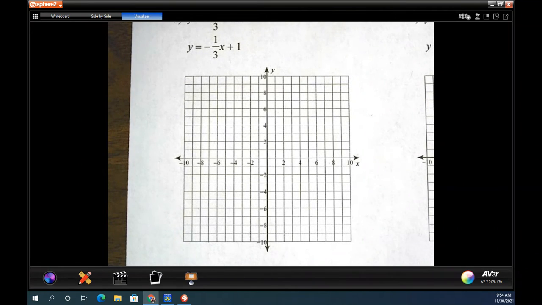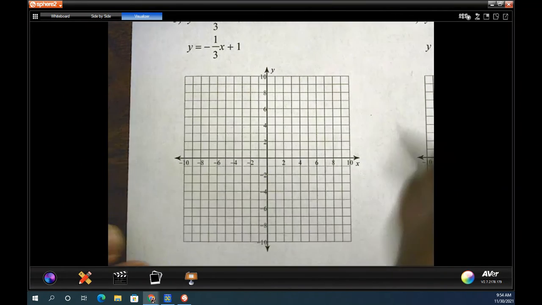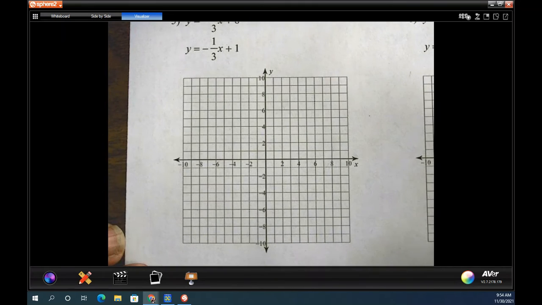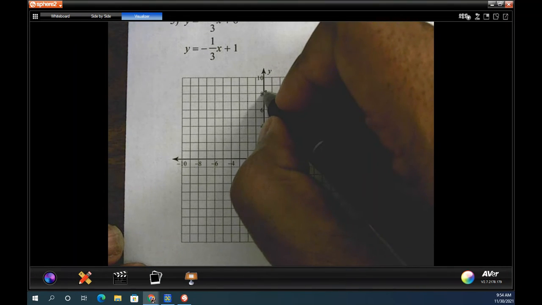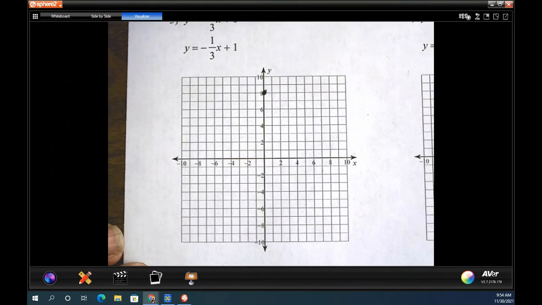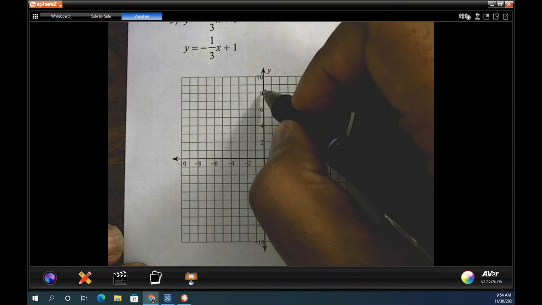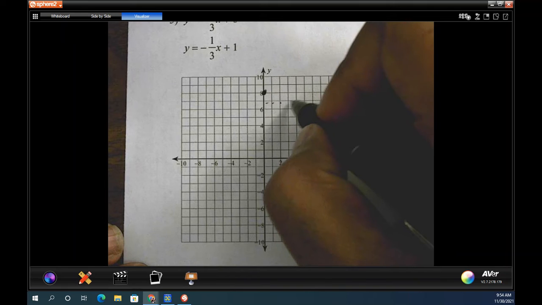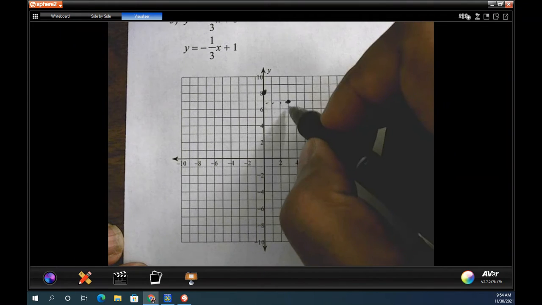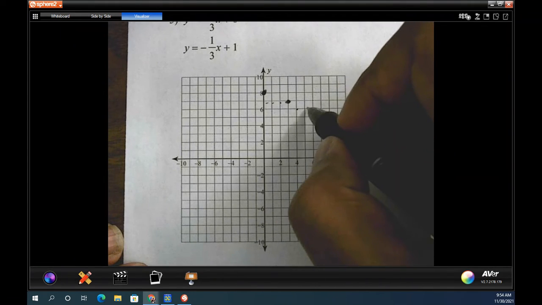Okay, number 5 looks like this. So you go to 0, 8. Now, it goes down 1, right 3. 1, 2. Down 1, right 3.